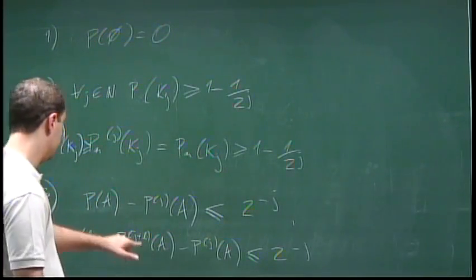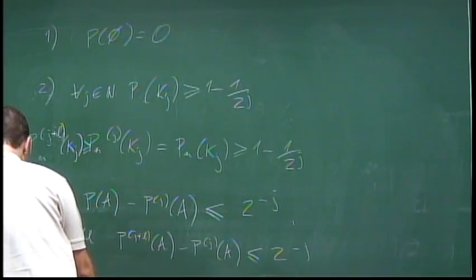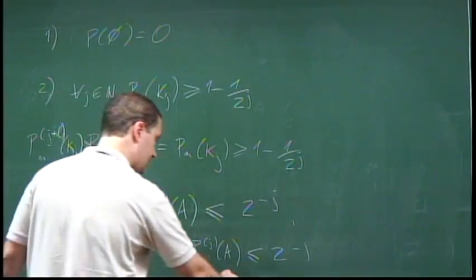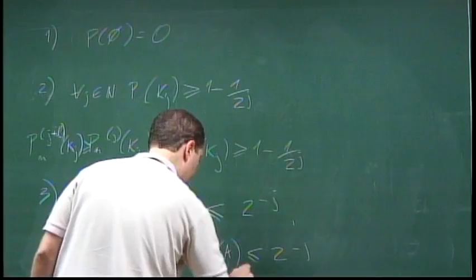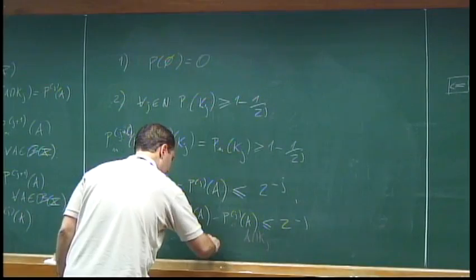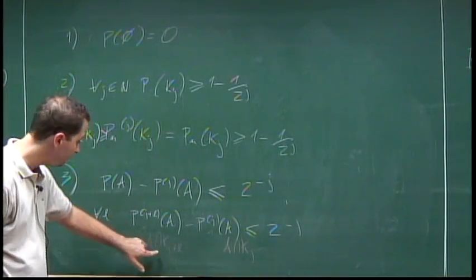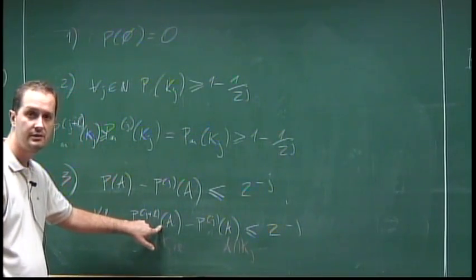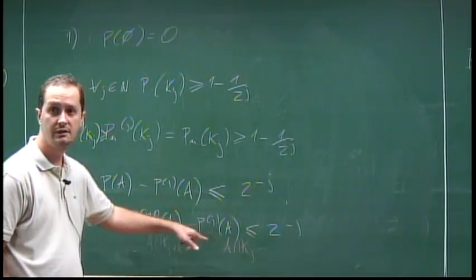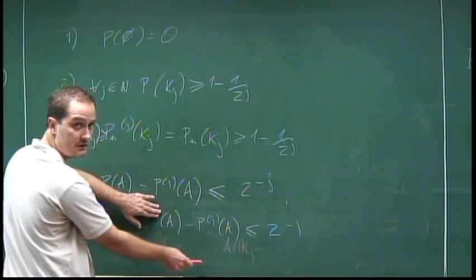Now, if you look, these things are limits of Pn of whatever. What is this? This is the measure of A intersection Kj, and this is the measure of A intersection K sub j plus L, under the measure Pn. So Pn of A intersection K sub j plus L is exactly this thing here, and Pn of A intersection Kj is exactly Pnj of A. So now you have Pn of the set minus Pn of this other set.